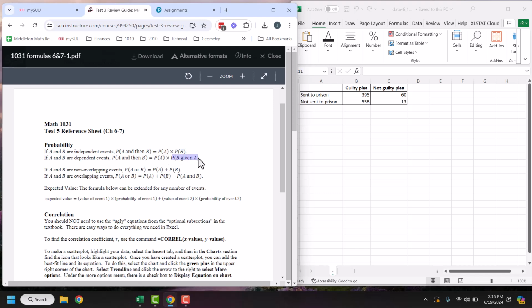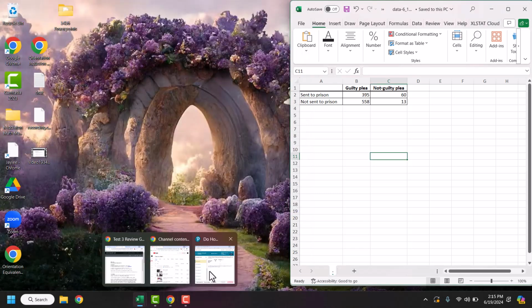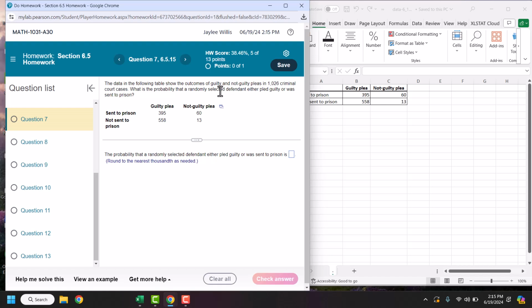But sometimes it's not the same, which will be the case in this one. So to figure this out, I'm going to basically calculate out each part of my formula. So my two events that I'm looking at are either the randomly selected defendant pled guilty or was sent to prison.